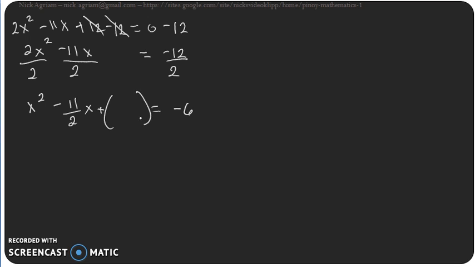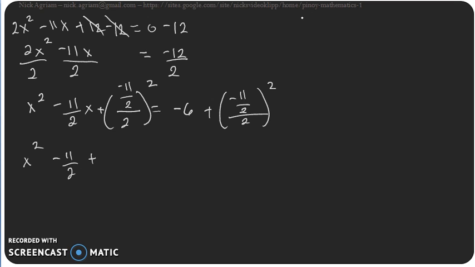Adding to both sides of the equation the half of the second term squared. And then we have x squared minus 11/2 x plus we have negative 11/2 multiplied by 1/2 because it is a division.